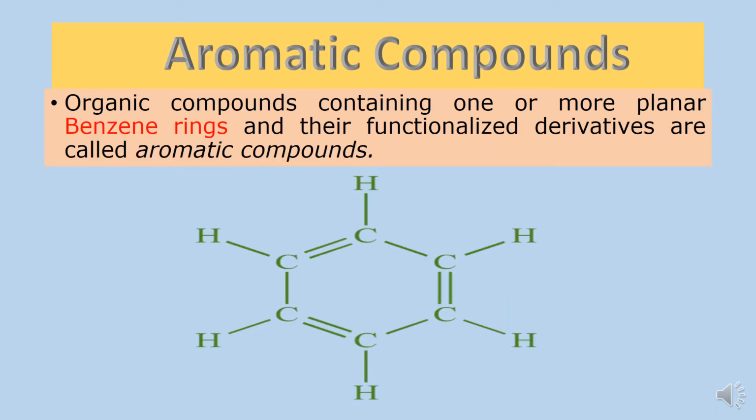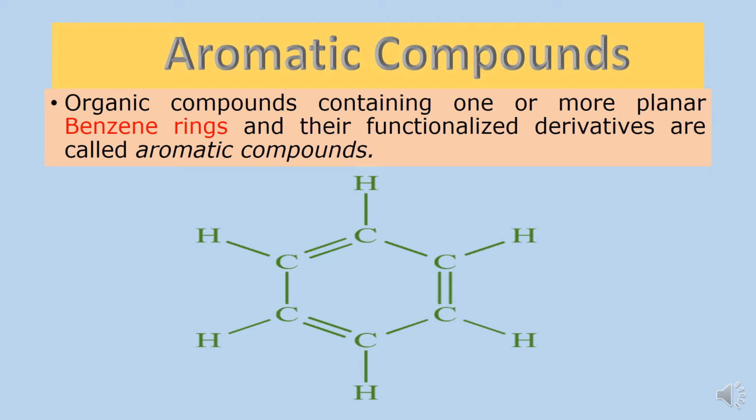Next, after discussion of alicyclic compounds, the next important topic is naming aromatic compounds. Aromatic compounds are those cyclic compounds in organic chemistry which have one or more planar rings in their structure, and the most common aromatic compound, which is called the parent of organic chemistry, is the benzene ring.